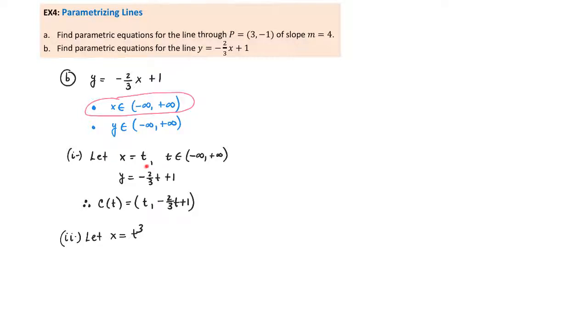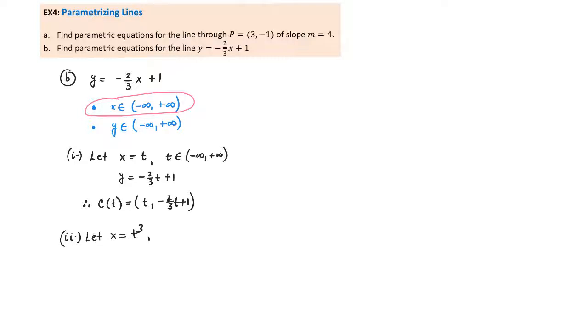When I let x equal t and t is allowed to be all real numbers, I am covering all of my x values. If I use x equals t squared, that's bad because t squared will consist of only positive numbers. So I am only going to have a piece of my line. I will not have the entire line. So I have to work with odd exponents here.